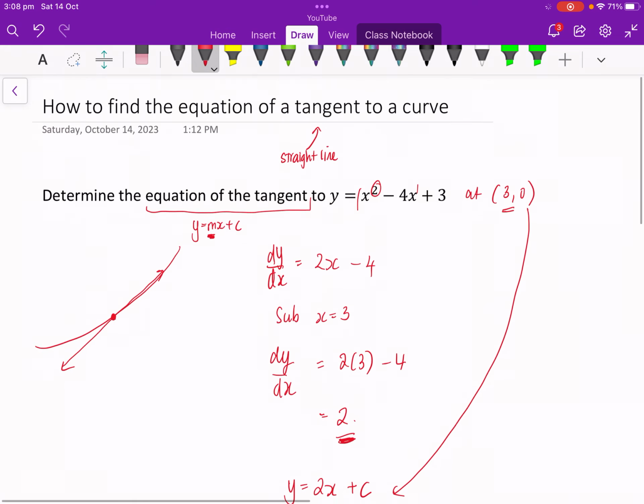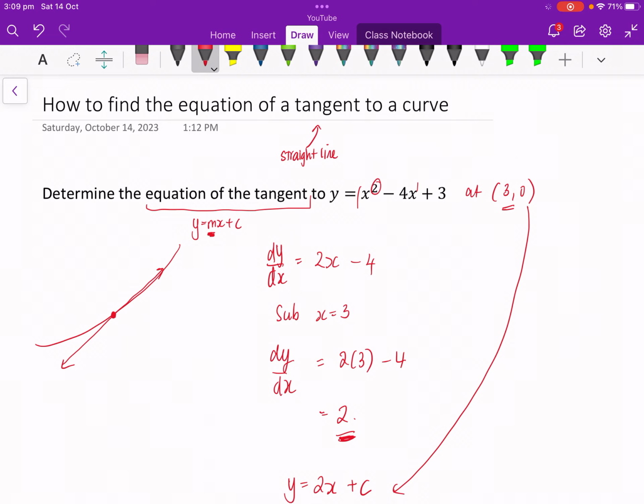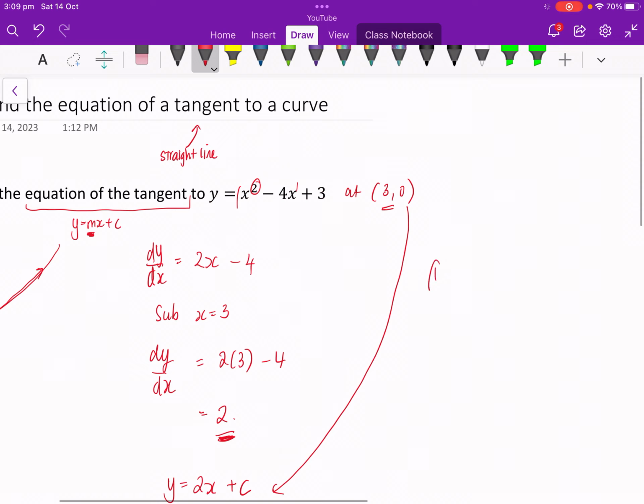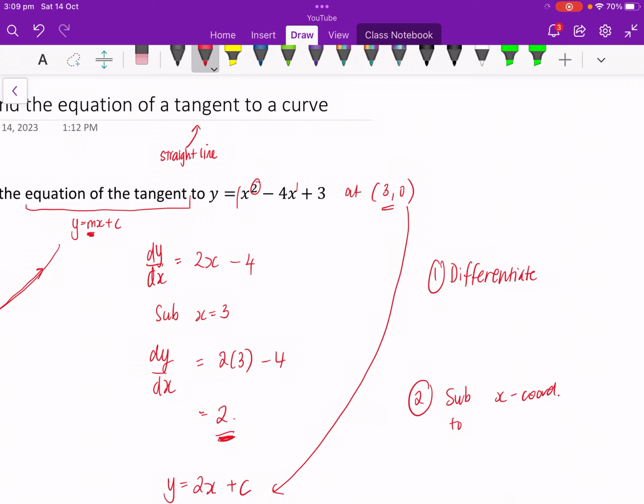So just to recap, if you've got an equation of the tangent and you're given a point, the first thing you'll want to do is differentiate. The second thing you'll want to do is substitute in an x coordinate to find the gradient.